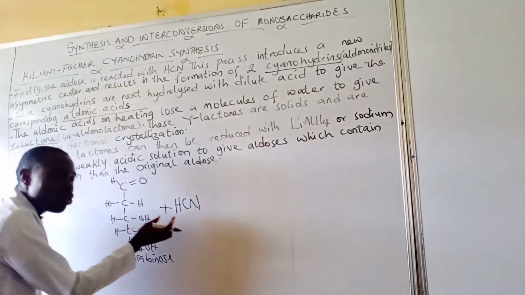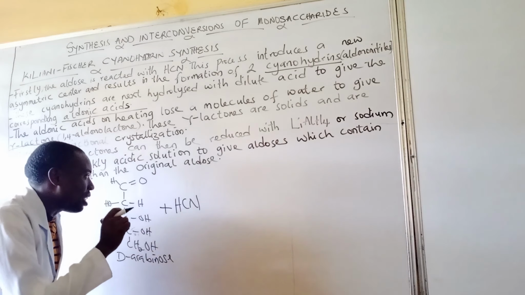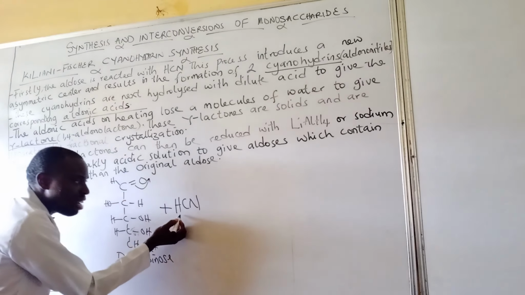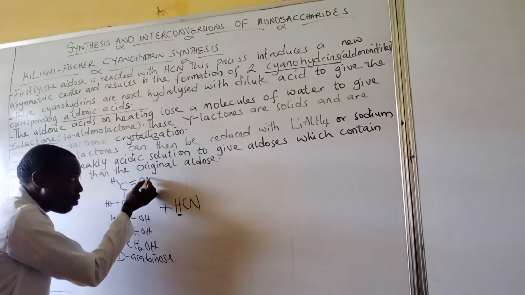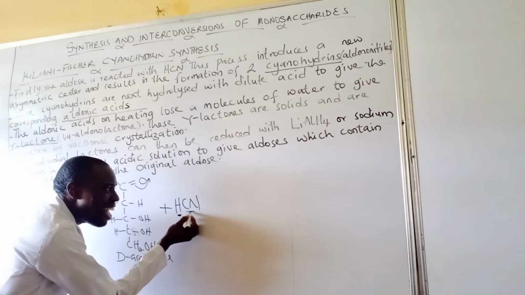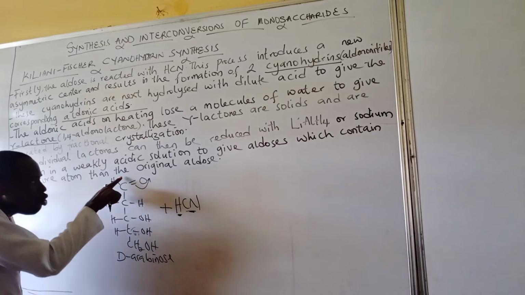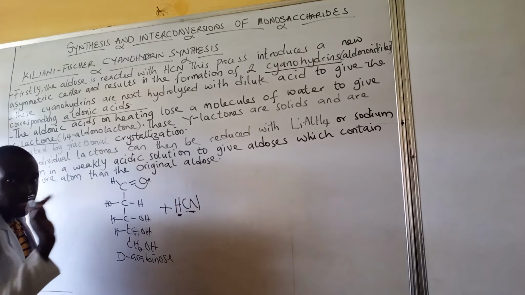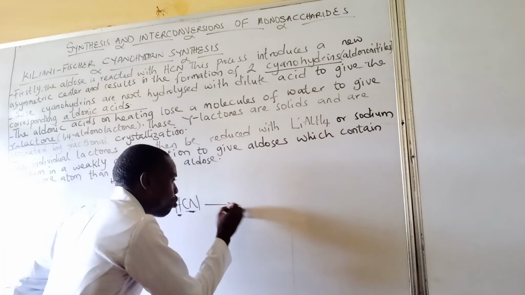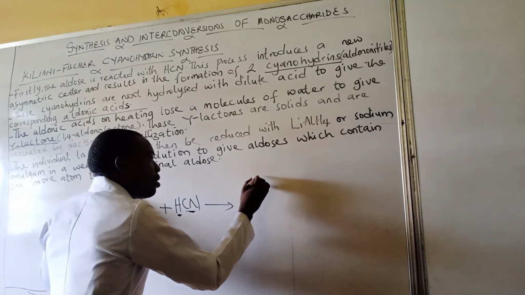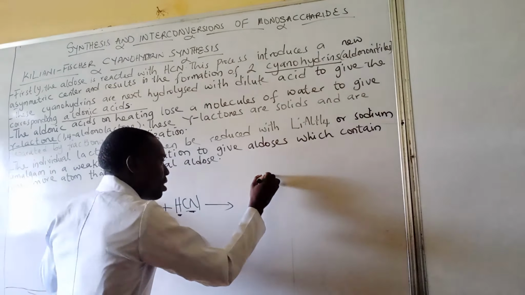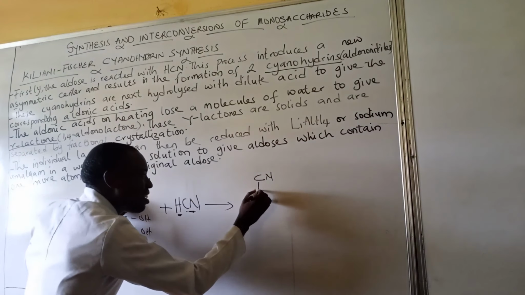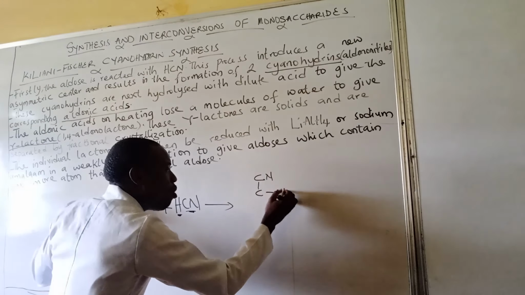This is where we introduce the new asymmetric center, whereby this bond will be broken and this hydrogen here will fill in this space, while this cyanide will come on top of this carbon carrying the functional group here. This is how it works. This is what will result, having the CN on top here, followed by this carbon carrying OH.